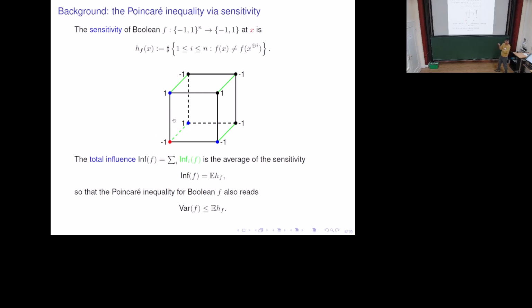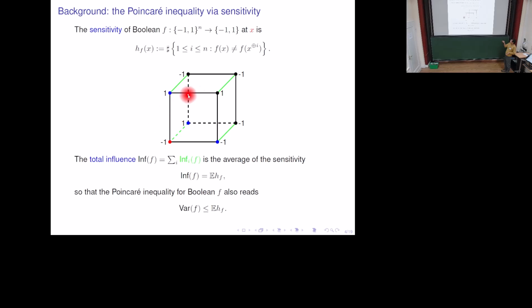That is the sensitivity. And if you compare with the previous notion of influence, the influence is essentially computing something similar but from a different perspective. The influence is computing the same thing but in terms of directions.